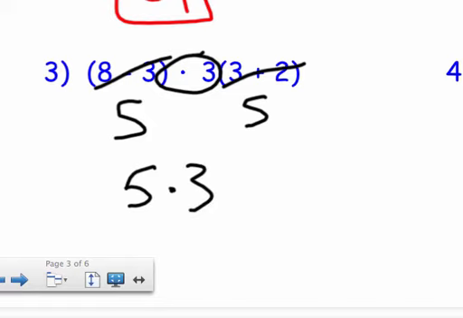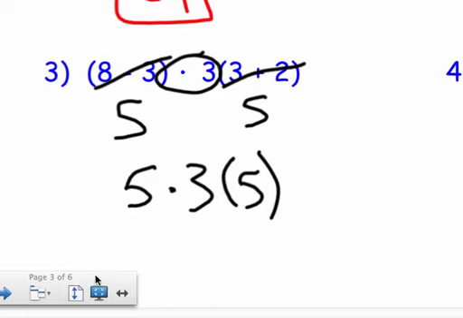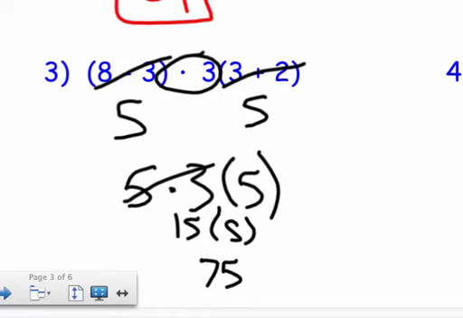Well, this 5 is really in parentheses, which means I'm just multiplying. So now we just multiply from left to right. 5 times 3 is 15, times 5 is 75. Once you get to all multiplication, it doesn't matter what order because multiplication is associative, but just work left to right to keep it simple.